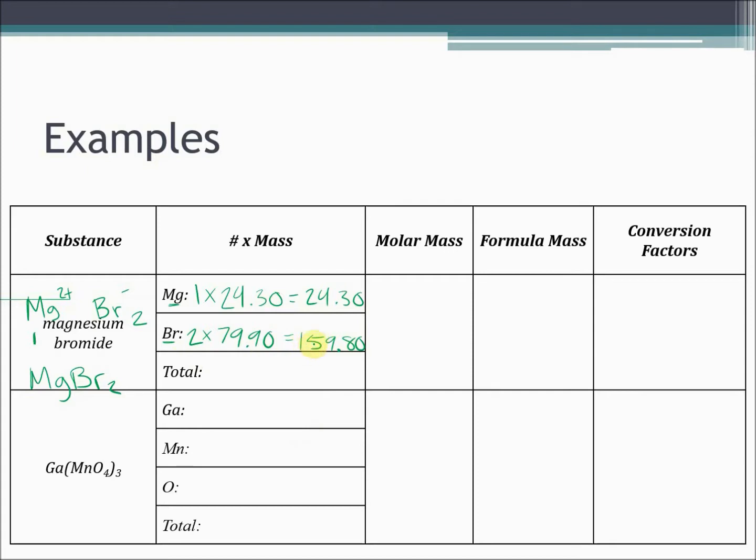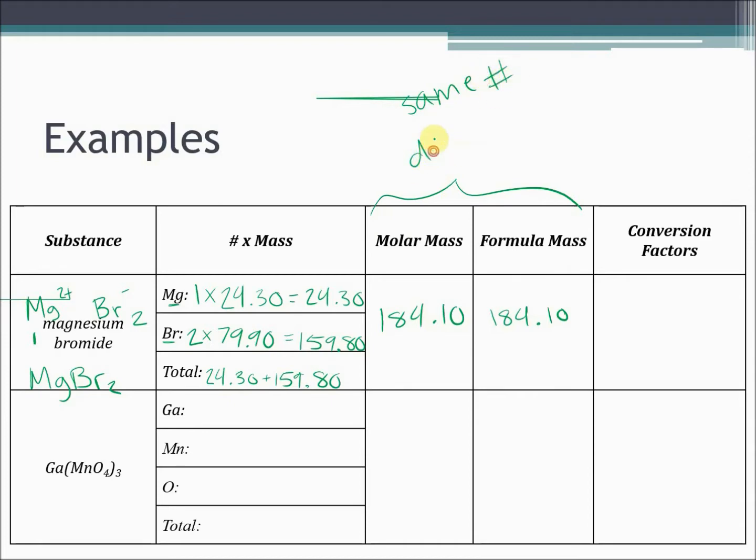The mass of all the bromine is 159.80. So to find the total mass of the compound, we'll add them together. 24.30 plus 159.80. Typing that into your calculator, you will get 184.10. We can actually put that as our molar mass and as our formula mass, because again, these two things, molar mass and formula mass, are going to be the same number, just with different units.